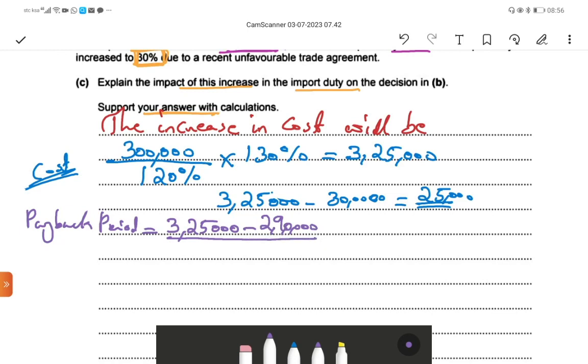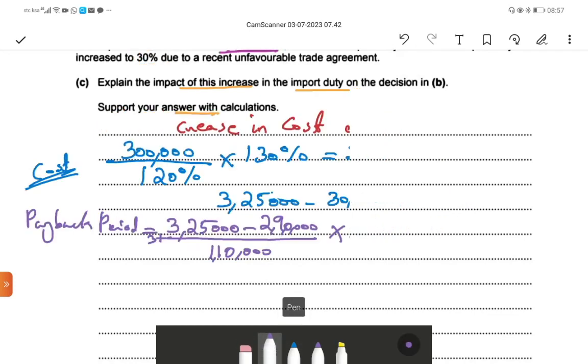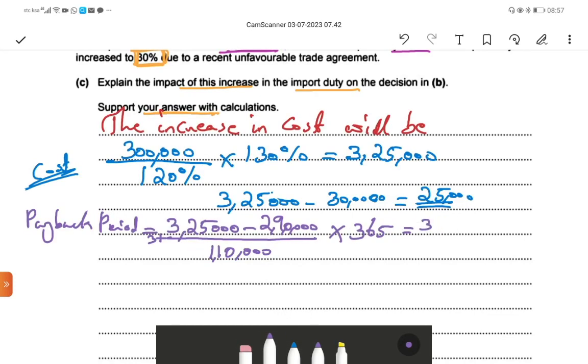the next year's net cash inflow, which is 110,000, multiplied by 365. That becomes 117 days. So it is 3 years plus 117 days.